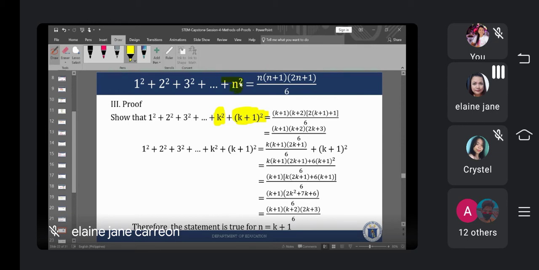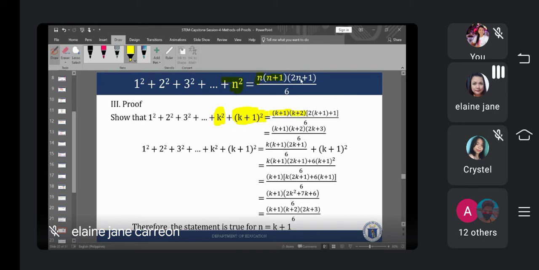I hope you get that. Next, palitan lahat ng n by k plus 1. N ito. So, we have k plus 1. Tapos, n plus 1 ito. So, hindi na pinakita dito na pinlas. K plus 1 plus 1. So, k plus 1 plus 1 plus 1 is 2. Kaya siya naging k plus 2.